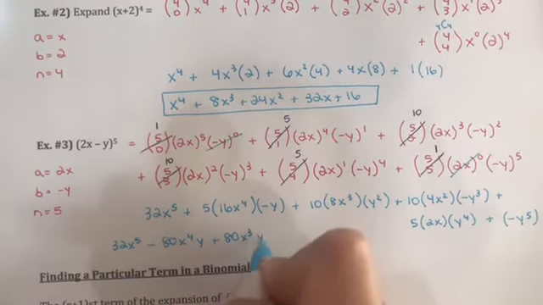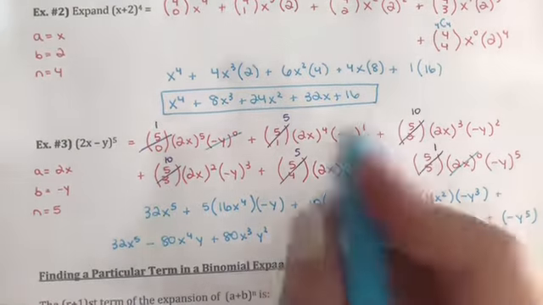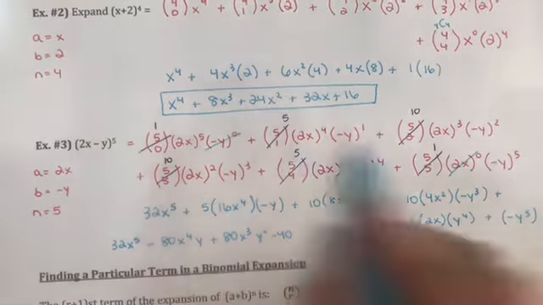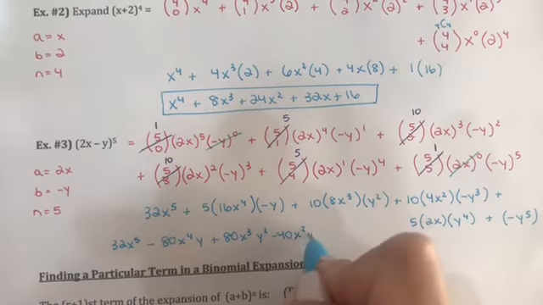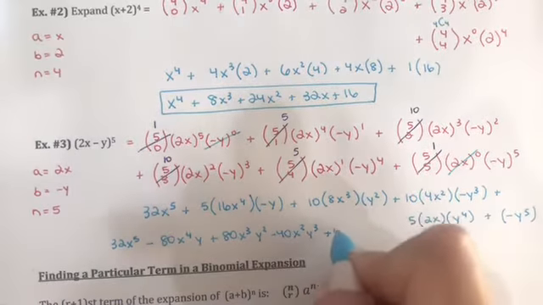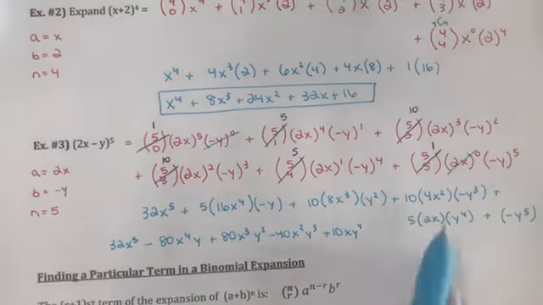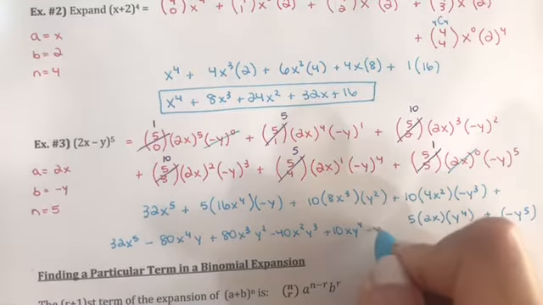X to the 3rd, y squared. Here I've got minus 40. X squared, y cubed, plus 10, x, y to the 4th, and then finally minus y to the 5th.